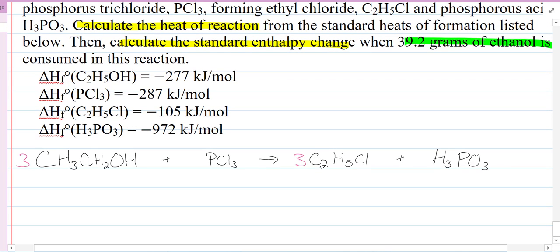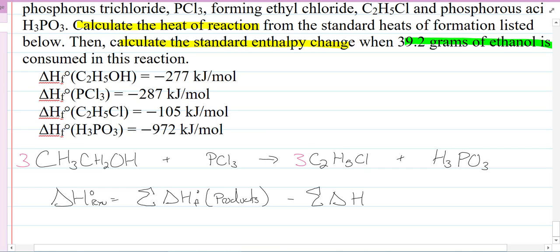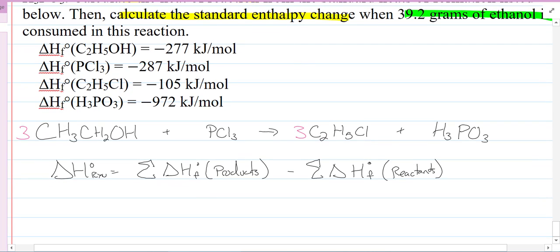Delta H is equal to the sum of the standard enthalpies of formation of products minus the sum of the standard enthalpies of formation of the reactants. Products, delta H standard of the reaction.